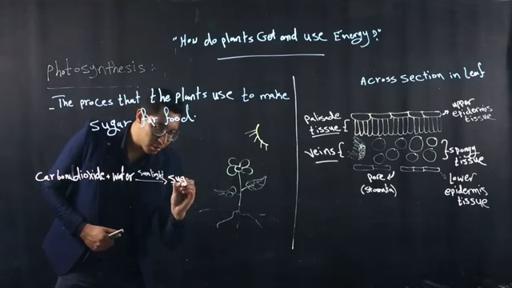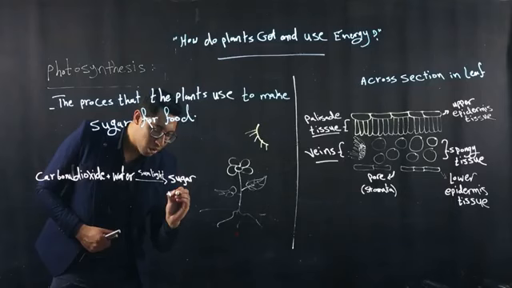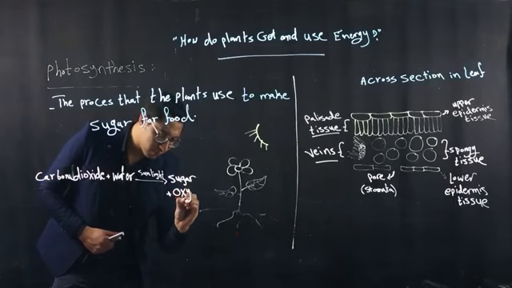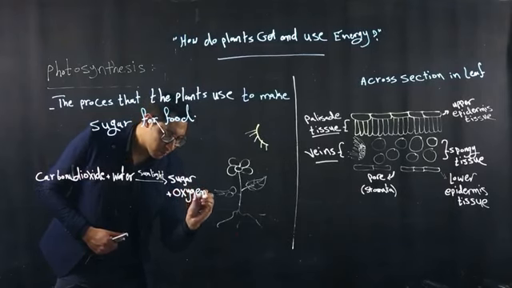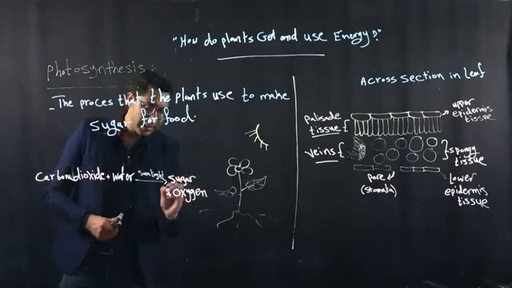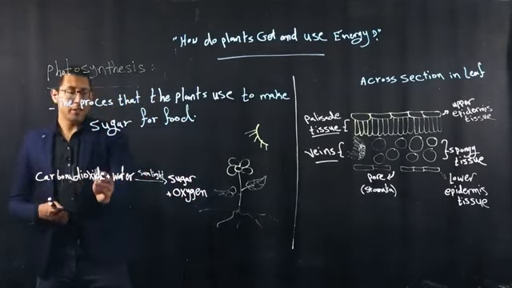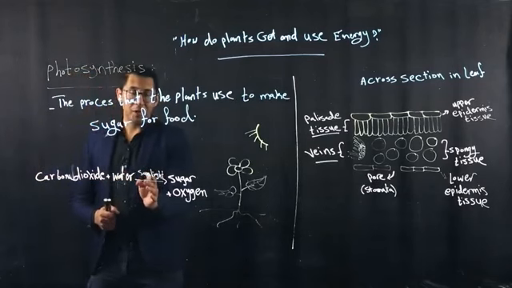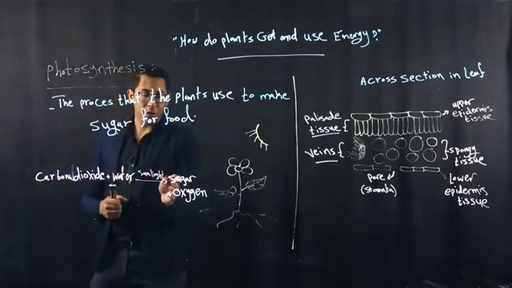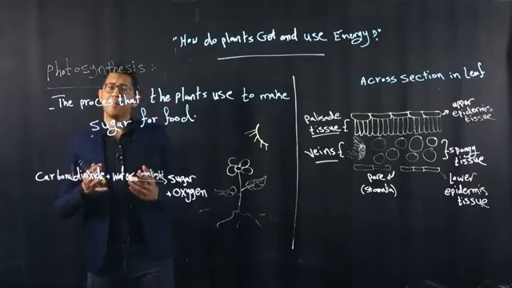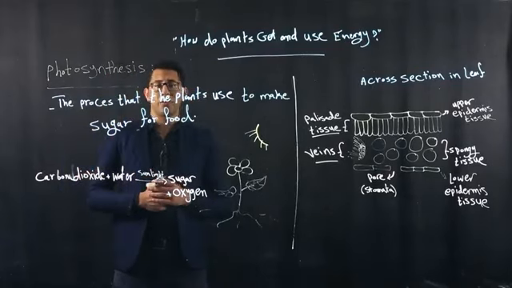Sugar and oxygen. The sugar and oxygen. So, carbon dioxide plus water in the presence of sunlight, it will give us sugar and oxygen.